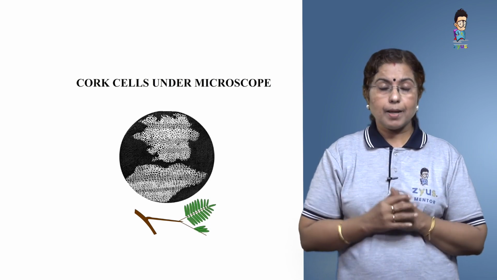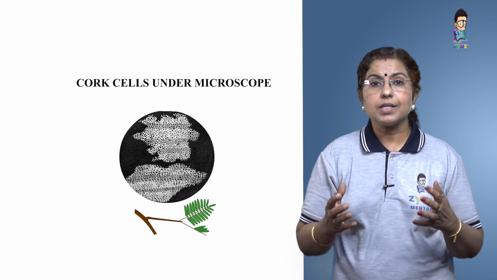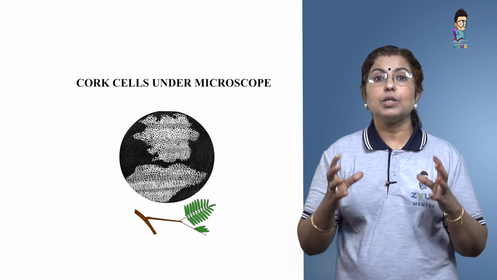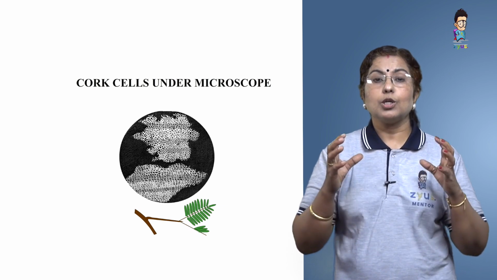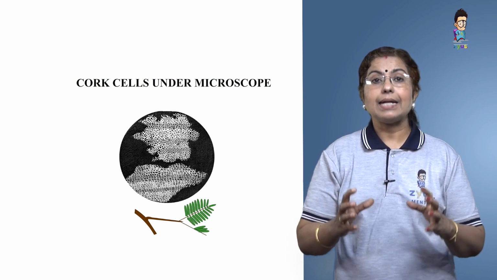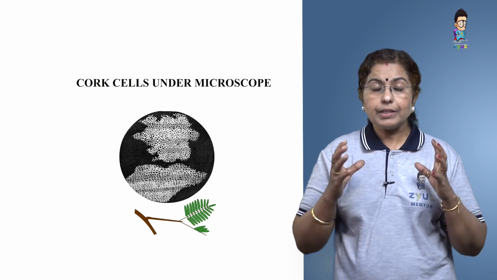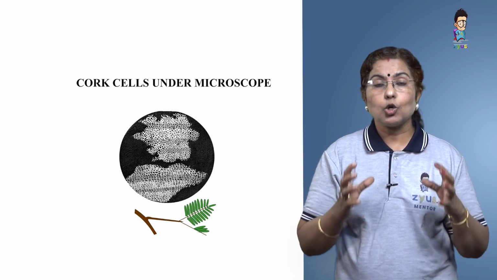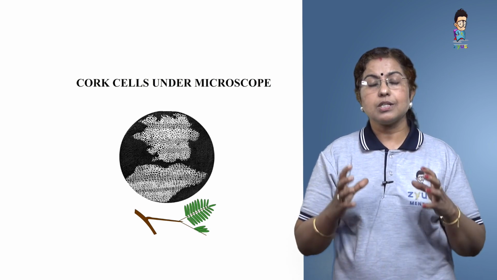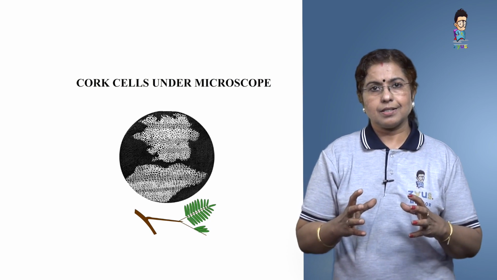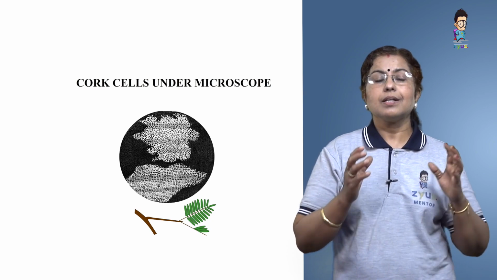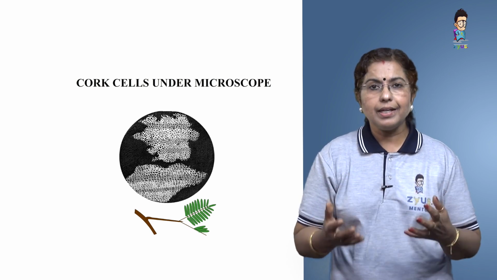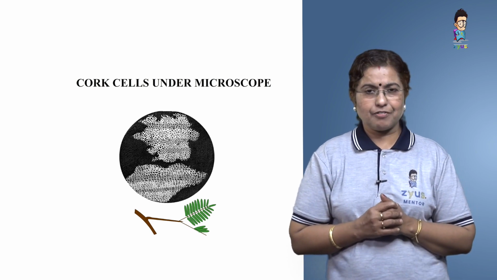The boxes were empty because it was dead material, and these boxes were similar to rooms. The word for rooms in Latin means cells. So from that word, Robert Hooke used the word cells. In this way, the cell was discovered for the first time by Robert Hooke in the year 1665.